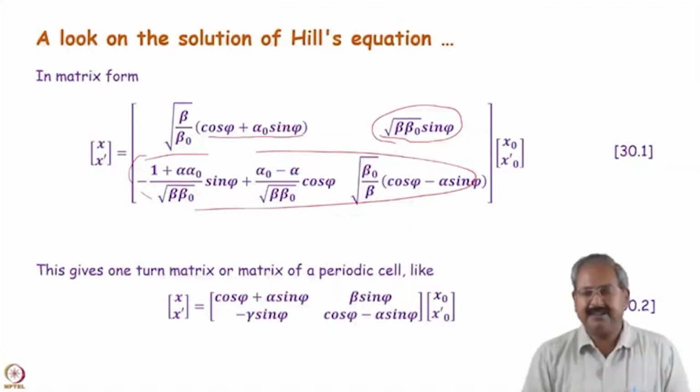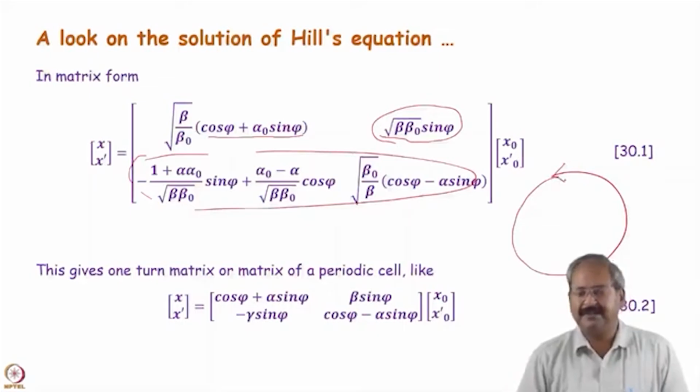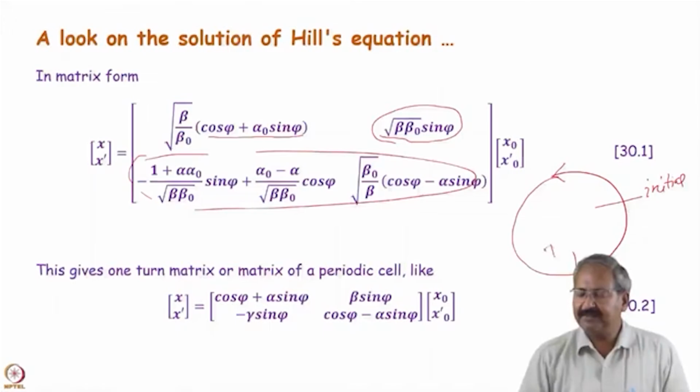Now suppose this is the orbit of the synchrotron, this is our initial point, and this is our final point, or point 2.